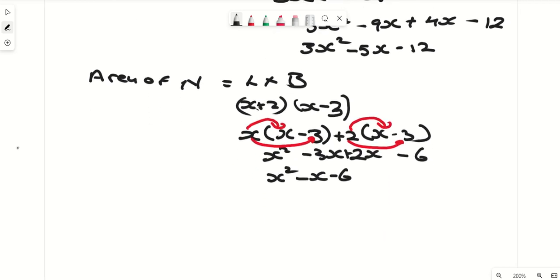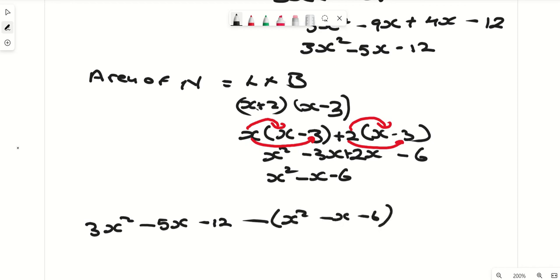So it's going to be 3x squared minus 5x minus 12, minus x squared minus x minus 6. Right, so it's going to be 3x squared minus 5x minus 12, right?